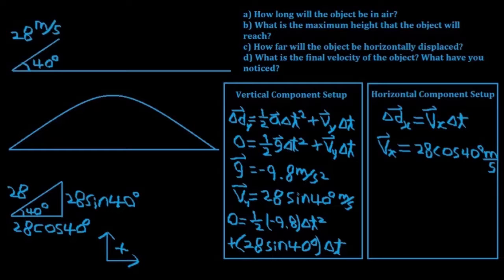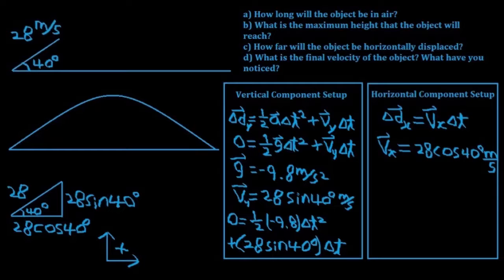Plug it into the equation and we get 0 equals 1/2 times negative 9.8 times time squared, plus 28 sine 40 degrees times the time value.